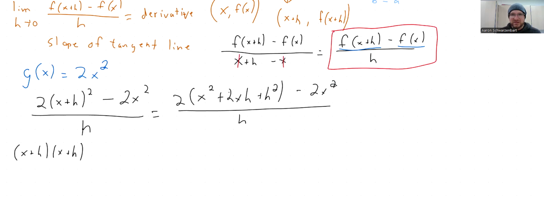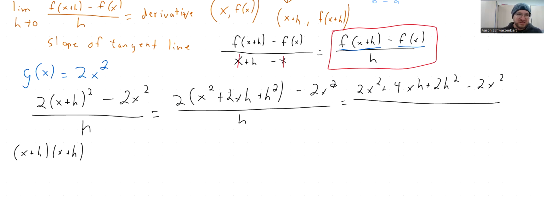Now I'll distribute the 2, giving me 4xh plus 2h squared minus 2x squared over h.